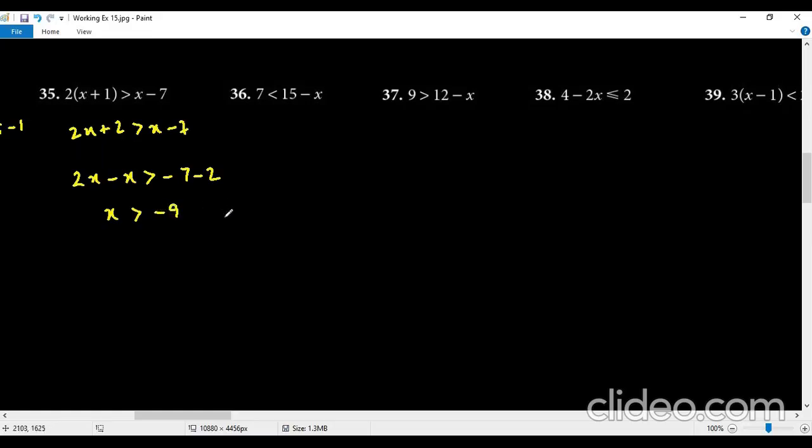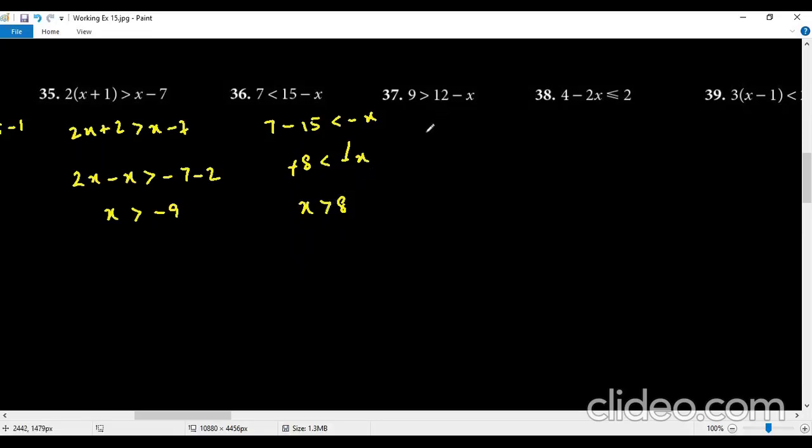When it comes to the next one, it's going to be 7 minus 15 less than minus x. And when this is negative 8, you write like this, negative x. That means a negative sign is going to cancel from each side. So this is going to be x is greater than 8. Any value that is going to be used in place of x, it should be bigger than 8 to make this inequality a true inequality.